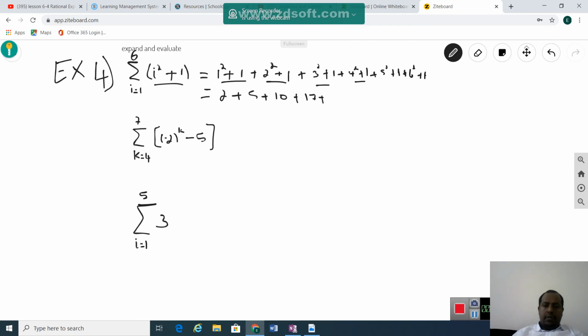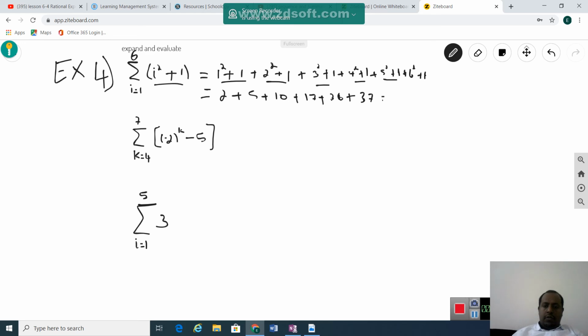Plus, 5 squared is 25, 25 plus 1 is 26. Plus 6 squared plus 1, which is 36 plus 1, so it will be 37.